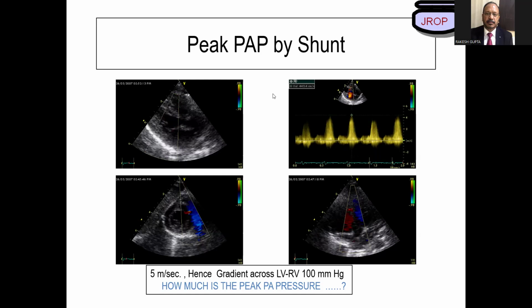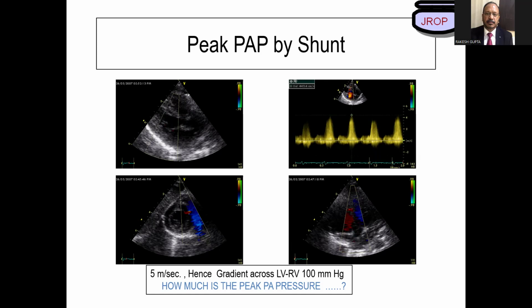It should be equal to that of LV pressure. It normally cannot be equal. It should be close to 100. It cannot be 120 and 120. If 100 is the gradient, then 20 millimeters of mercury is the pulmonary artery pressure. First thing I told you in the beginning: normal mean pulmonary artery pressure is less than 20 millimeters of mercury, because blood has to be pushed into the lungs.